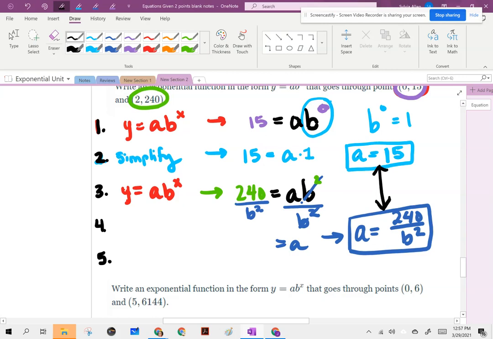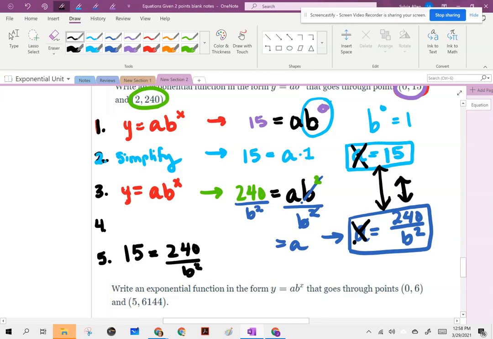It's like a is 15 and a is also 240 over b squared. So when it comes to step 5 and you're setting them equal to each other, you're getting rid of the a and you're setting these two guys equal to each other. So you are trying to have an equation with just one letter in it.